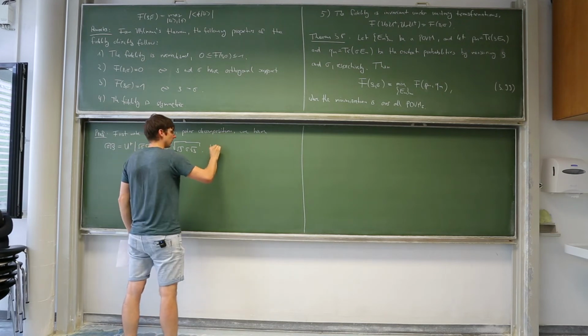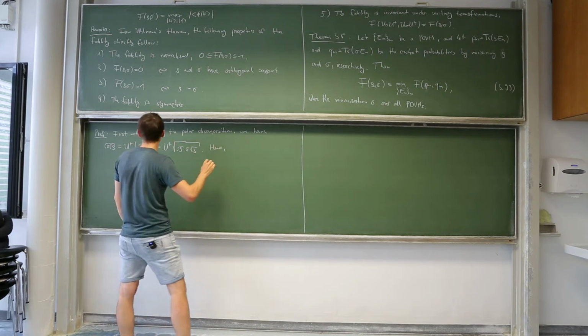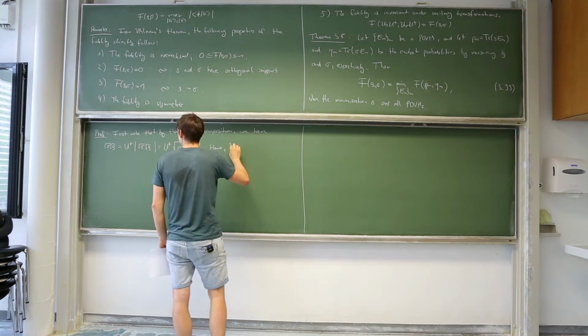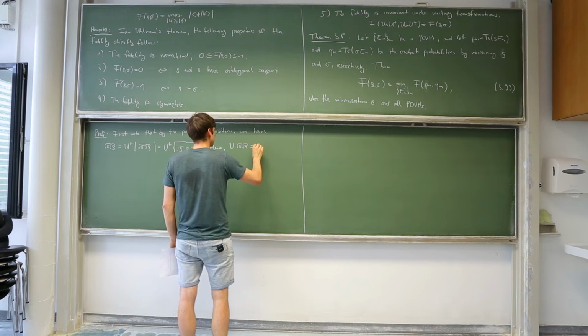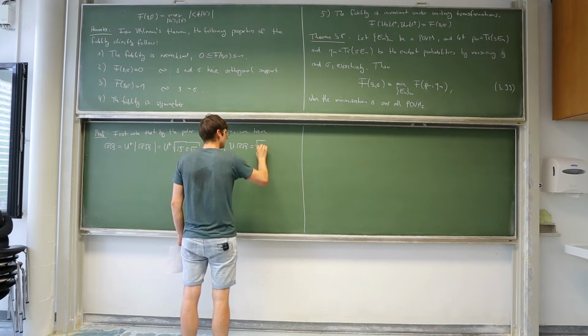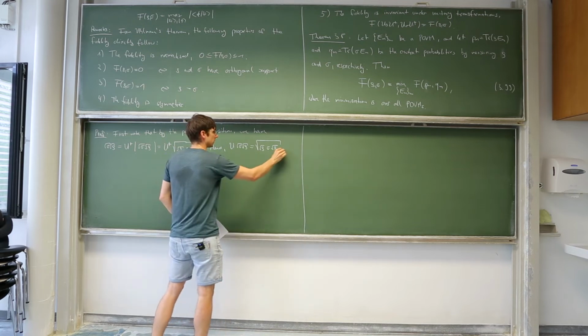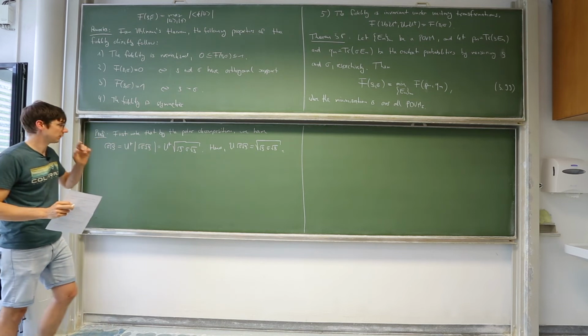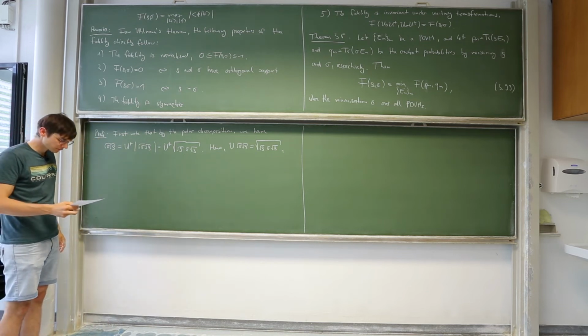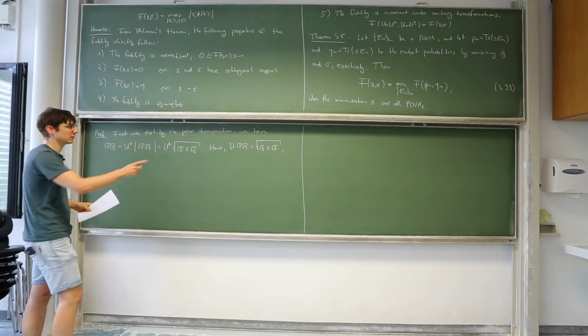Hence, we have that U times sqrt(sigma) sqrt(rho) is equal to this expression here, with U some unitary. This is why I chose this to be U dagger, because we're going to use this expression now.